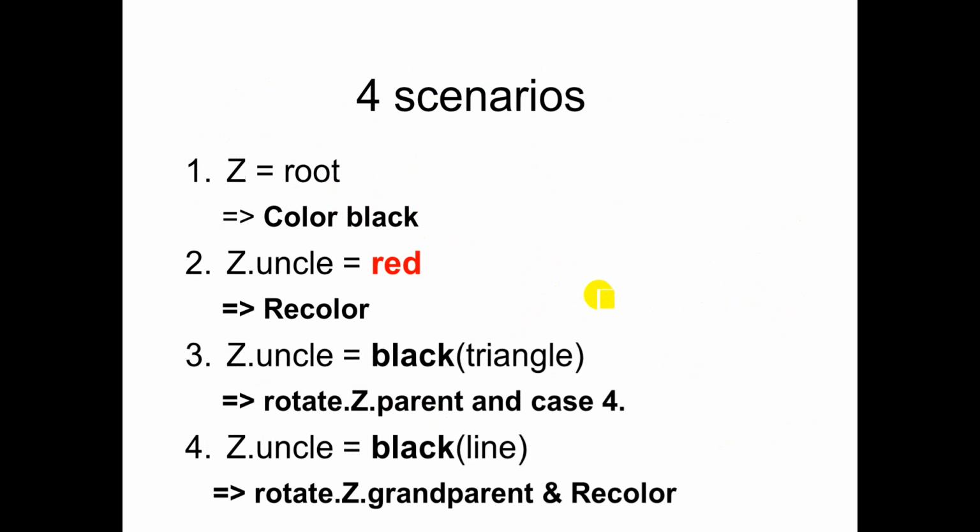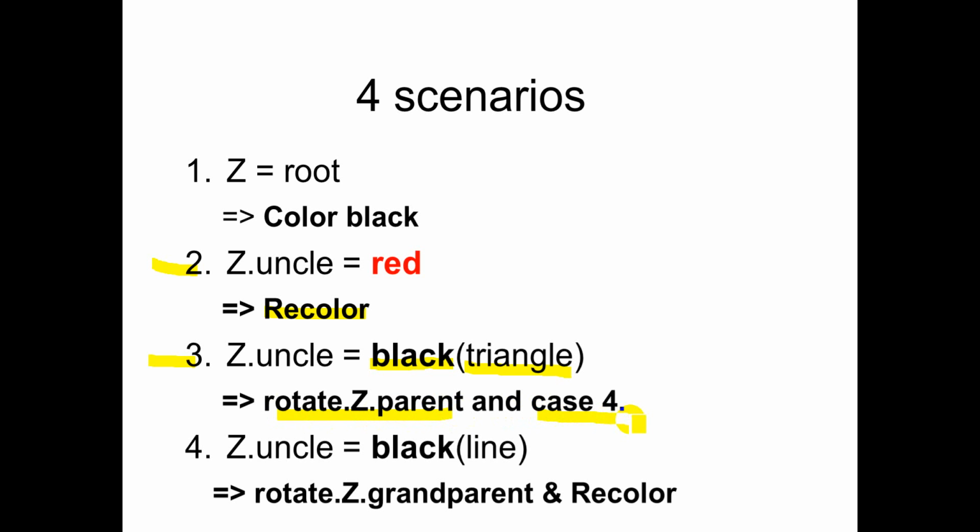So we can see all the scenarios in one slide here. If it is only one node, that means it is the root, just recolor it to black. Scenario 2 is that if the uncle is red, then just recoloring is fine. Scenario 3, if the uncle is black and the relation is a triangle, then rotate your parent and follow case 4.